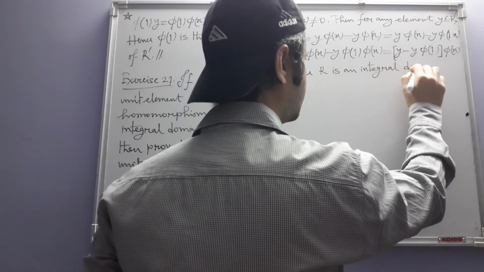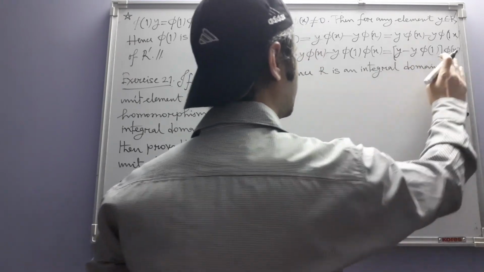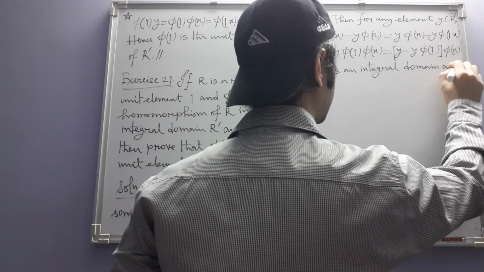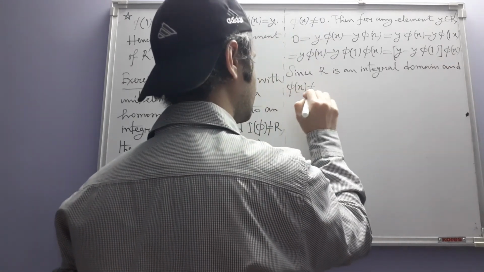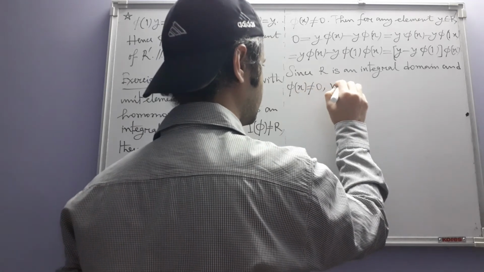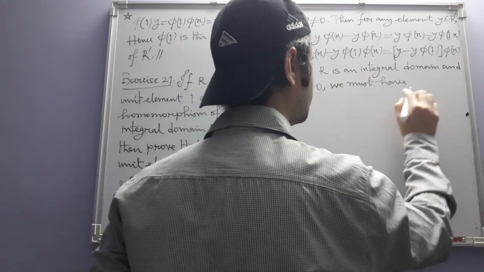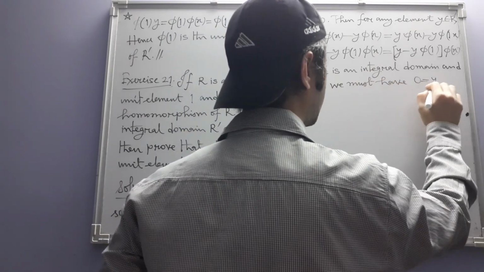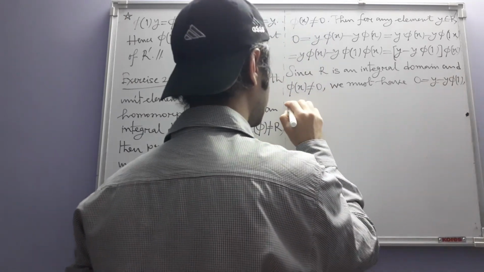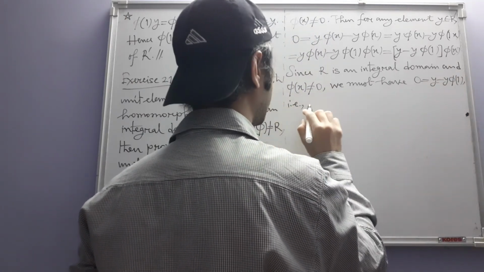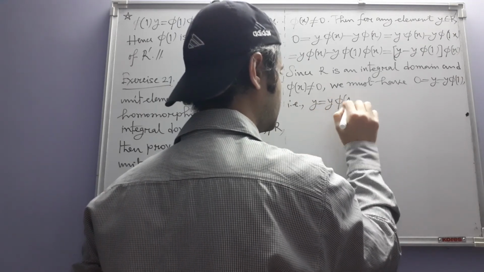since R prime is an integral domain, and let us just mention that also, phi x is not equal to 0, we must have this equal to 0, that is y is equal to y times phi of 1.